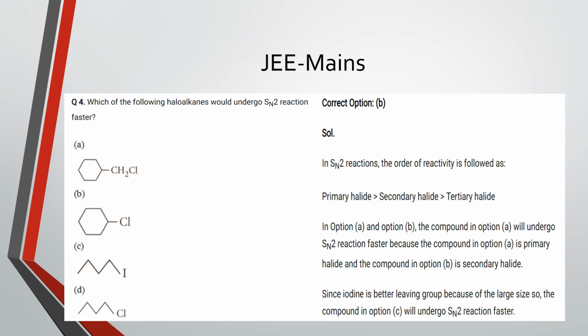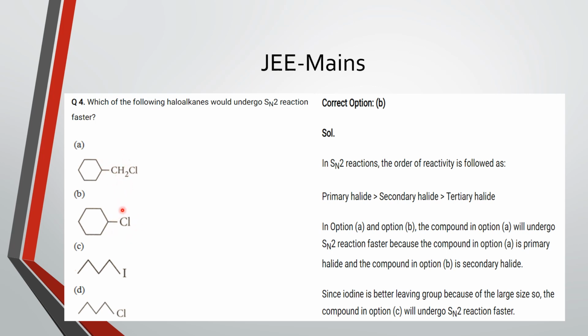In option A and B, the compound in option A will undergo SN2 reaction faster because the compound in option A is a primary alkyl halide. As you can see here, Cl is attached to CH2. So after removal of Cl, CH2 will have a positive charge on it, so it is a primary alkyl halide.